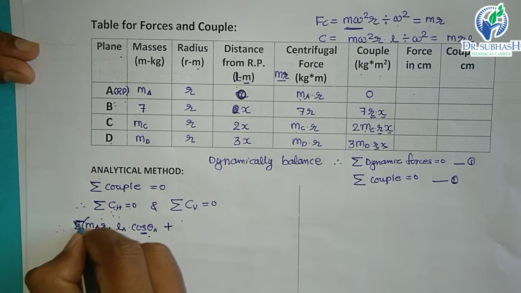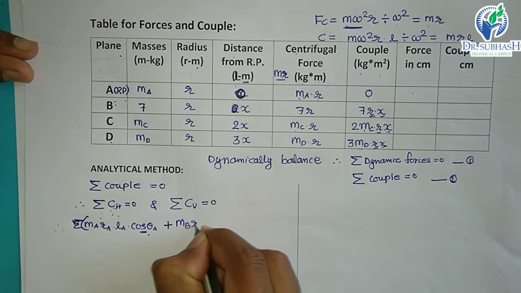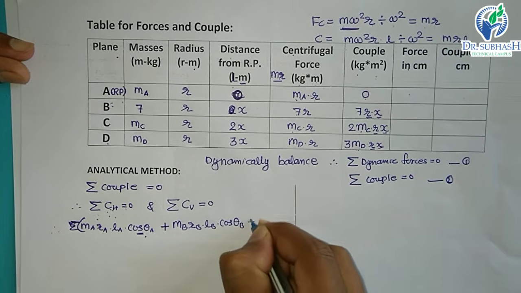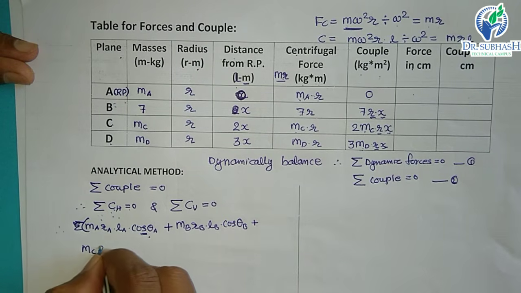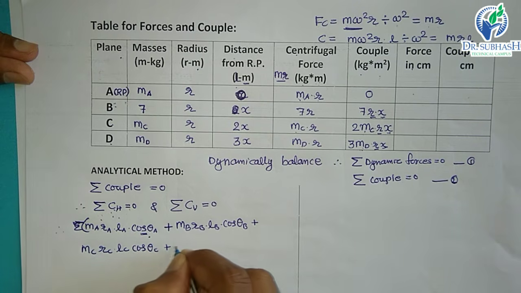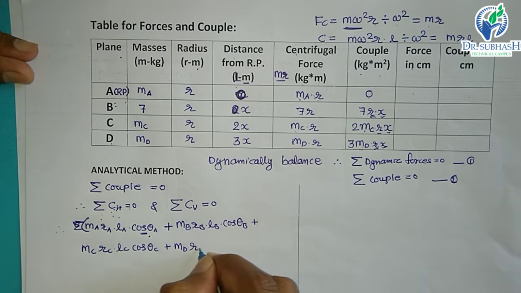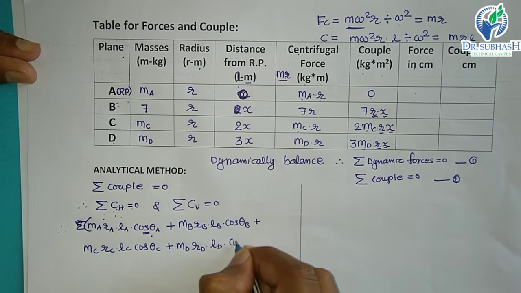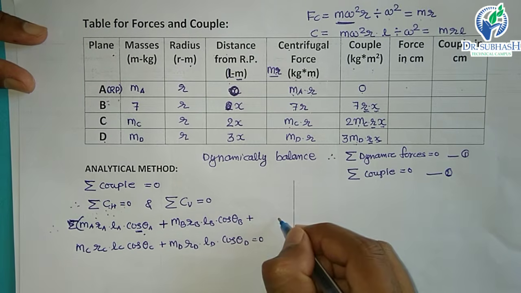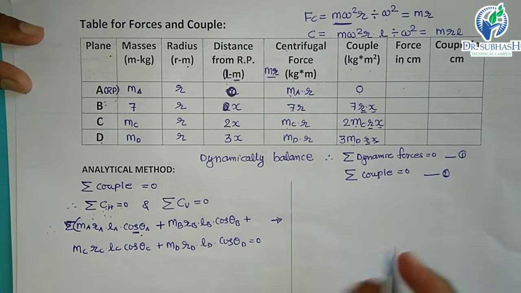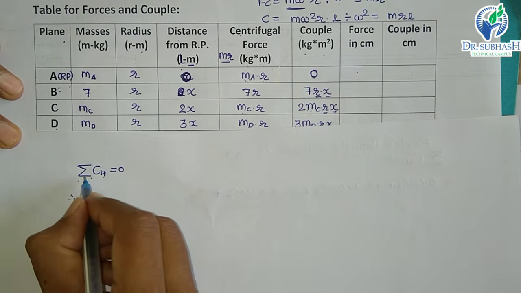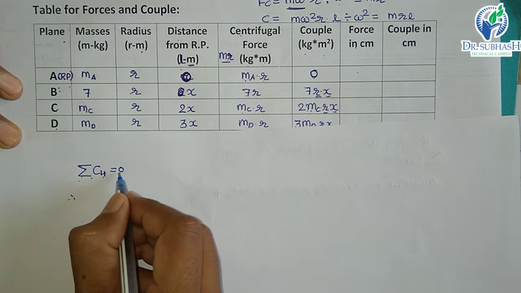Similarly, plus MB RB LB cos theta B plus MC RC LC cos theta C plus MD RD LD cos theta D is equal to 0. Now we rewrite it: if we resolve the horizontal component, we can write sigma CH is equal to 0.